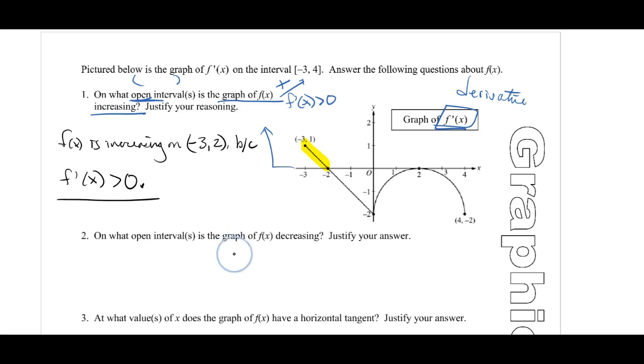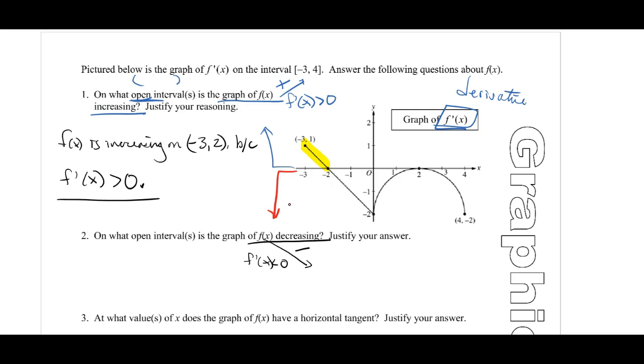Second question, conversely, where is the graph of f of x decreasing? Well, my function's decreasing when it's going down, and when it's going down, my slope is negative. If my slope is negative, then my derivative is negative or less than 0. It also means that it's below the x-axis. Negative will be down here.